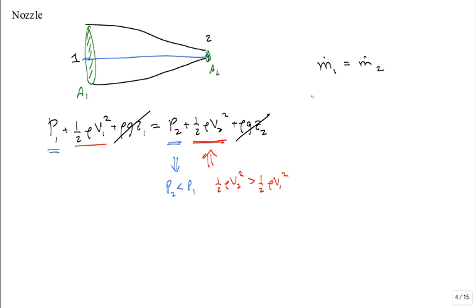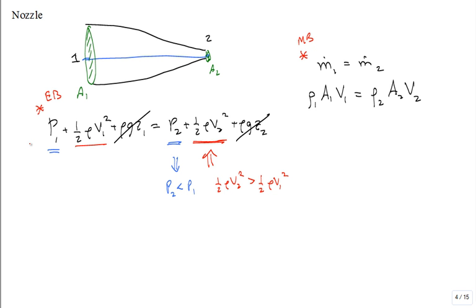Would this be the density at 1, the area at 1, the speed at 1, equals the density at 2, the area at 2, the speed at 2? This equation is from a mass balance. Bernoulli's equation is from an energy balance, more specifically a mechanical energy balance. Mechanical energy is conserved.